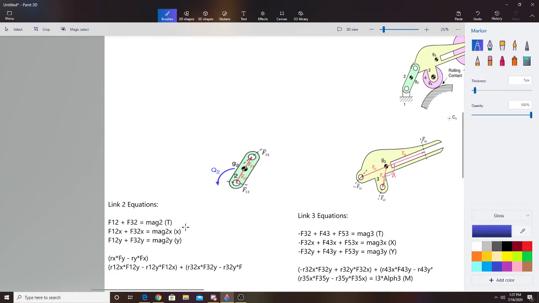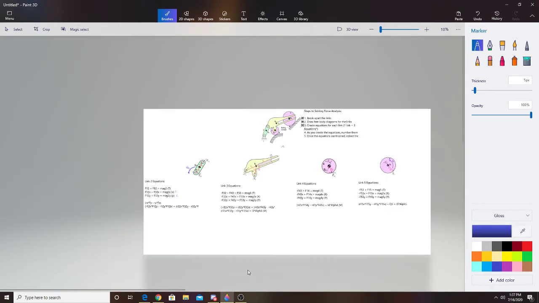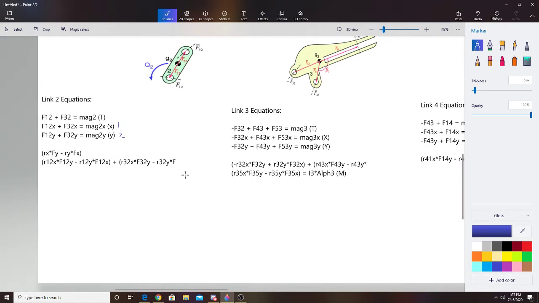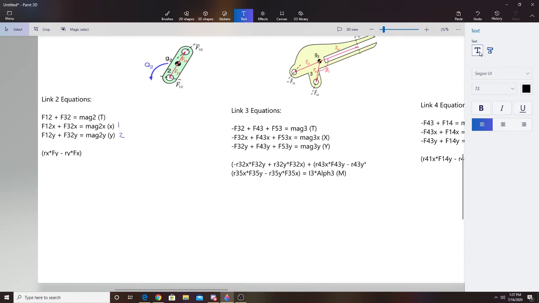So once again, we have 1, 2, crap. This one got screwed up because I made it too small. I'll add another text box just so we can do that really fast.